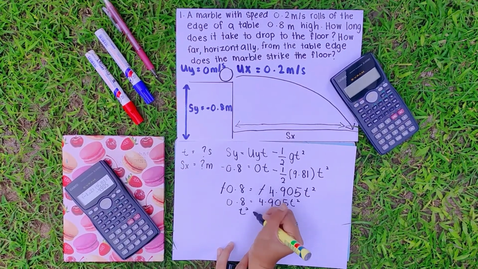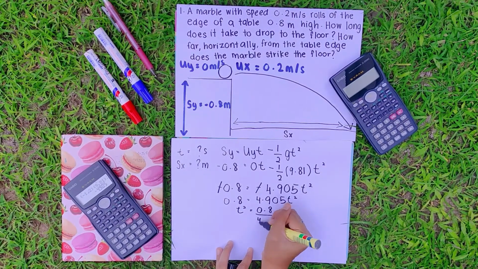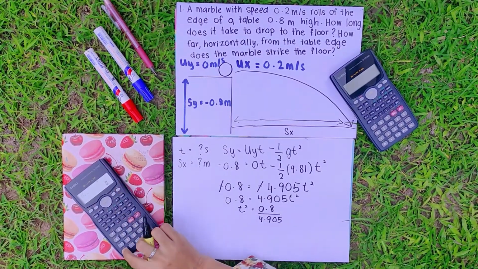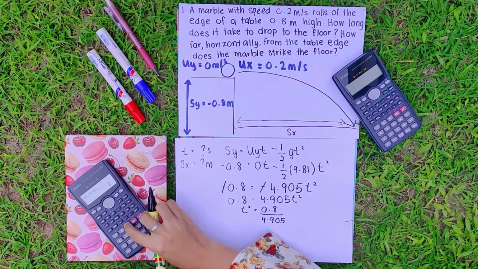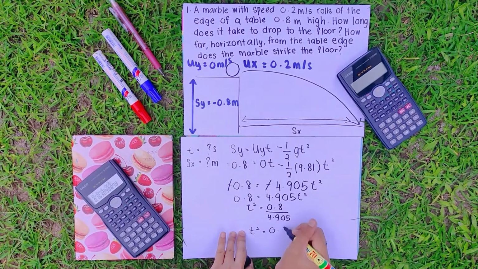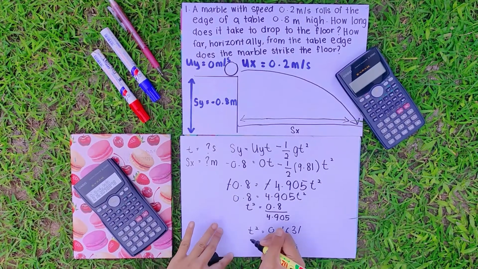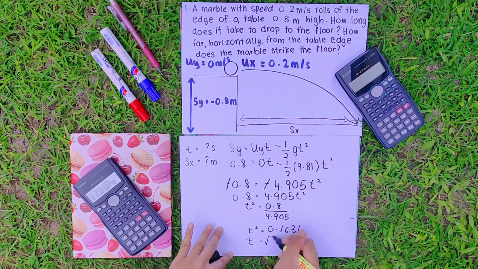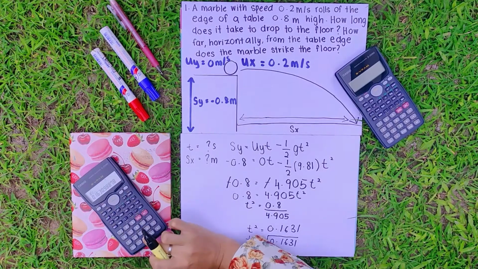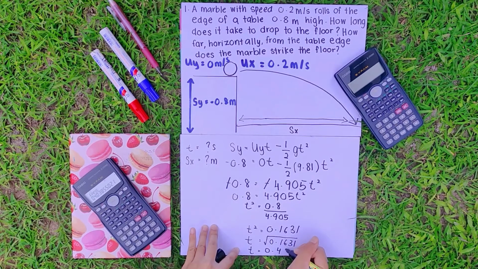To get the value of t squared, we can just divide 0.8 by 4.905, and the answer we'll get is t squared is equal to 0.1631. Okay, so to get the value of t, we'll just square root the answer. And we'll get t is equal to 0.40 seconds.